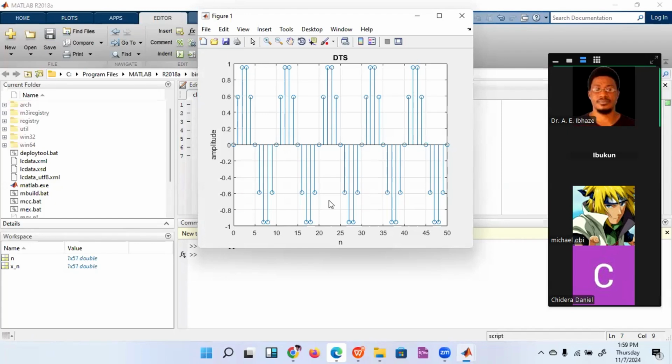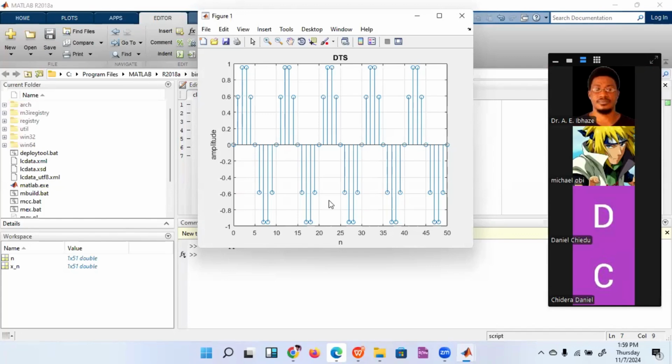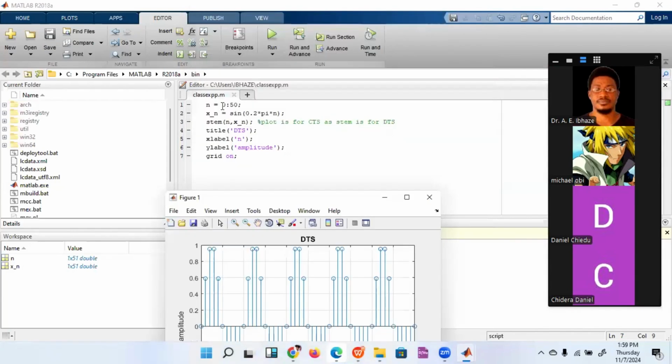Does this make sense at all? Yes, sir. Now you see your MATLAB tool is very good. Go ahead, please. The values that are showing up, are they run by the computer? No, I assigned the values. The range is 0 to 50 for n. I gave that 0 to 50.